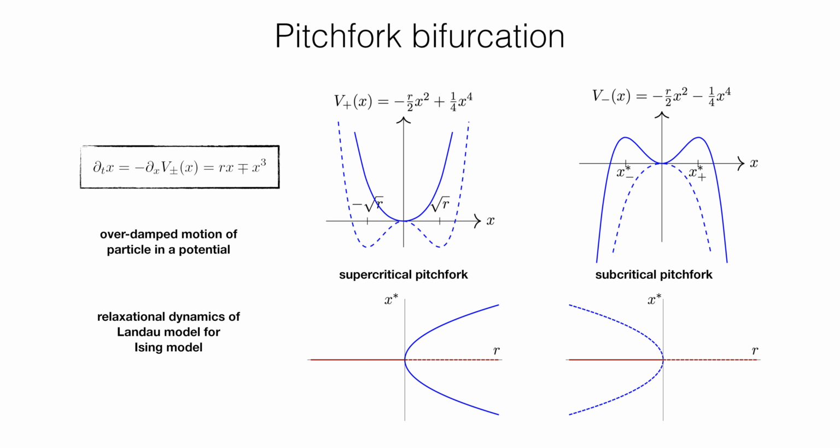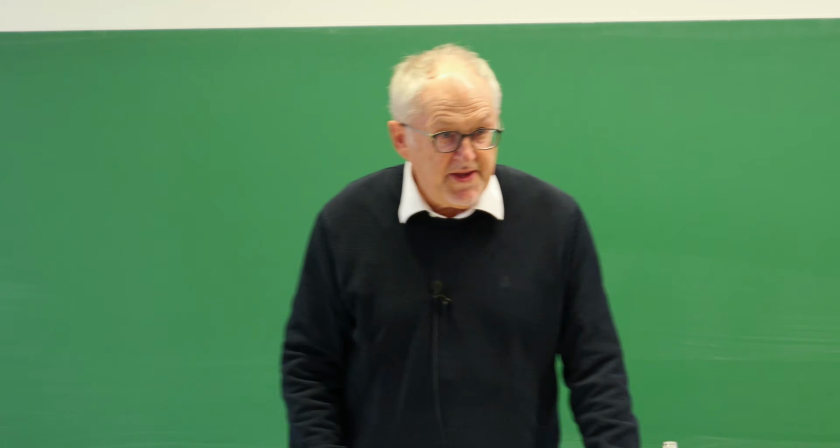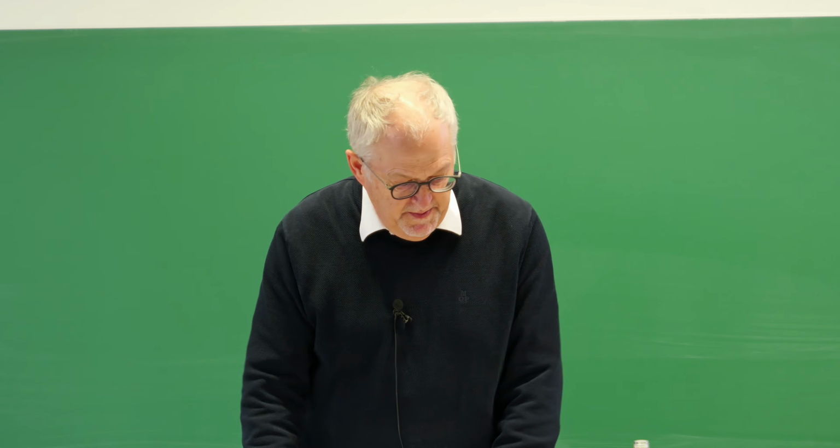And you can also flip things around such that you have this type of scenario where for parameters r less than 0, you do have one stable fixed point and two unstable fixed points, and then they merge into one unstable fixed point, and that's called a subcritical pitchfork because this pitchfork is below the threshold value of r. All right, that's a recap of last time.